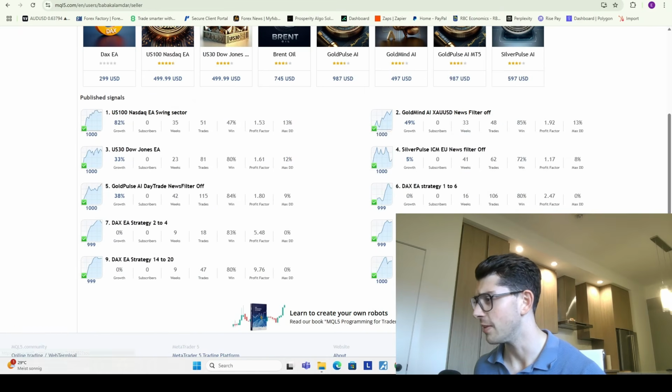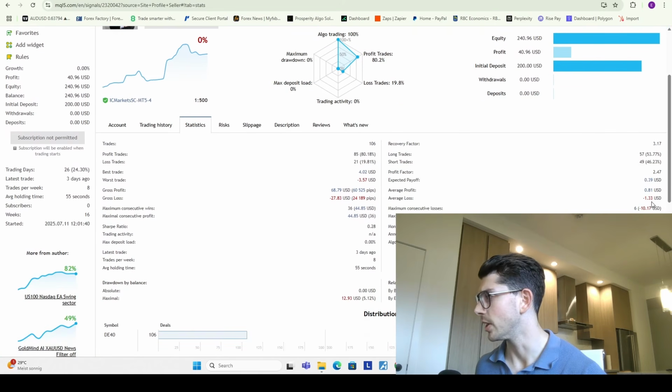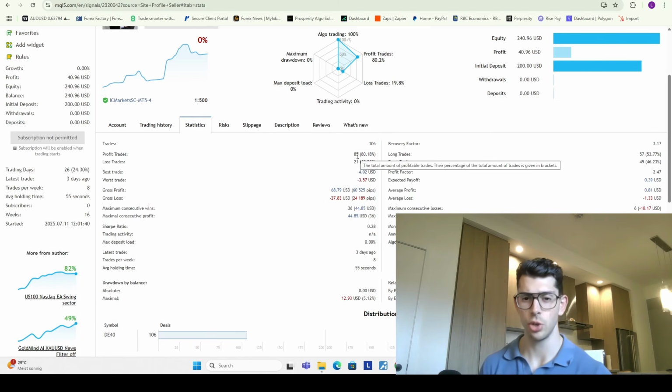So let me see if any of these have more trades. I think this one has the most trades at 106 trades. So if we come here, there we go, this starts to make a bit more sense. Now we start to see an inverted risk reward with a higher win rate. So that would make more sense. Because usually, as you guys know, we either have a high win rate system or a high risk reward system.